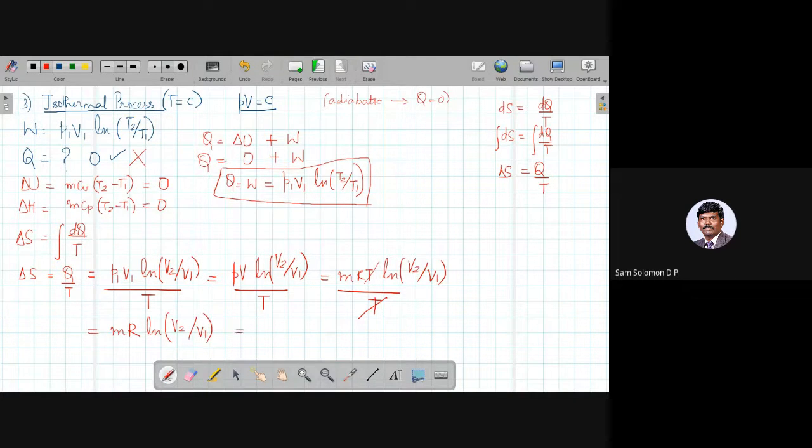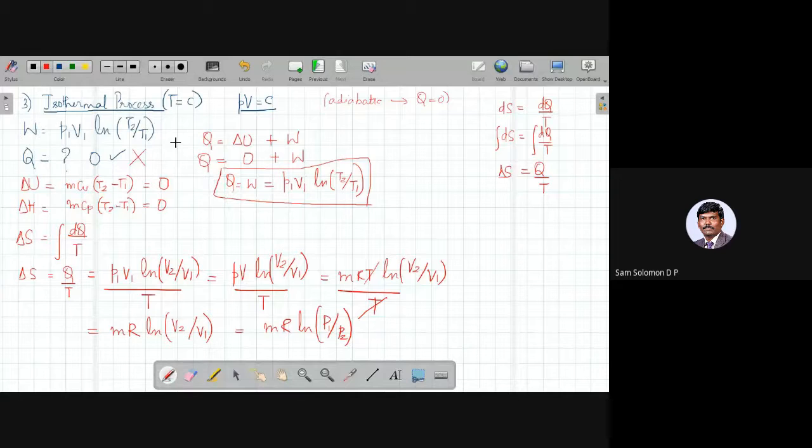Or, if you want, we have already seen this V2 by V1 can be replaced by V1 by V2 also. So this is how you get the value for the change in entropy. So delta S is mR times ln of V1 by V2. Is that clear?